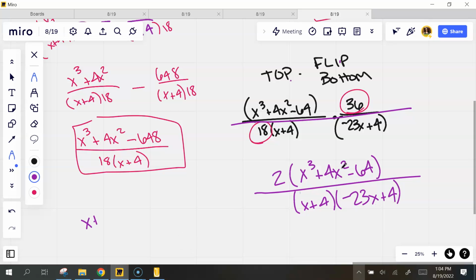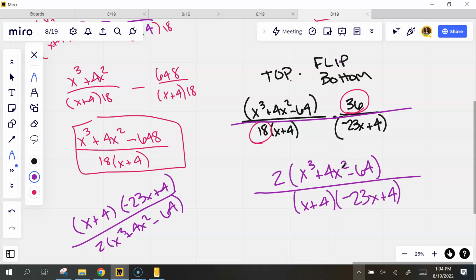It's going to be x plus 4, negative 23x plus 4 over 2 x cubed plus 4x squared minus 16. This is confusing.